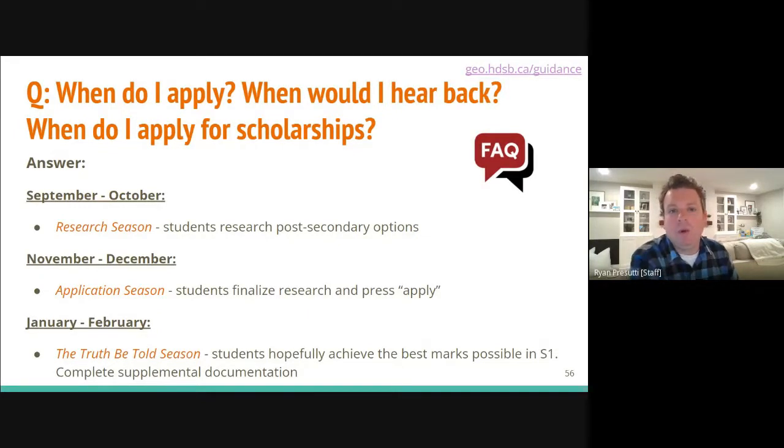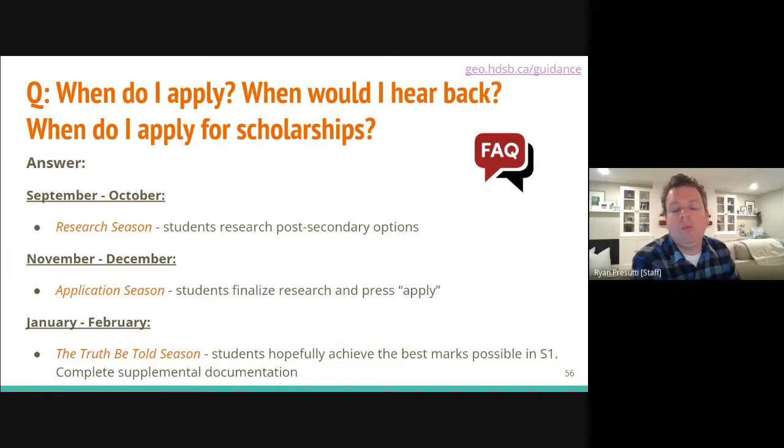We want that taken care of by or over the winter break. And so when they come to school back in January, they are ready for learning and ready for the performance tests and exams. We don't think that extra stress is a good idea for January, because in some cases, some of these schools do have supplemental documentation.